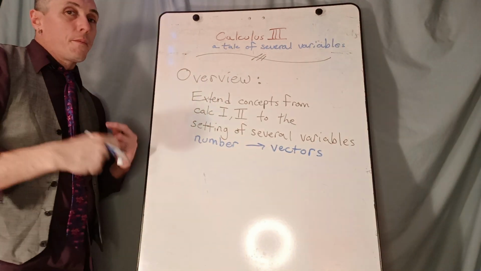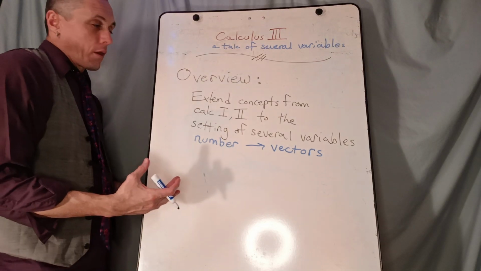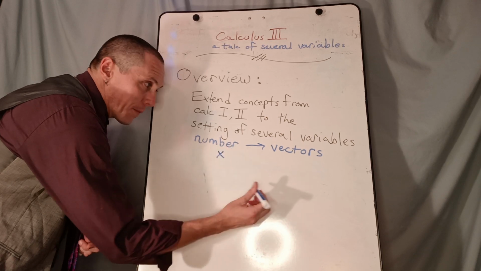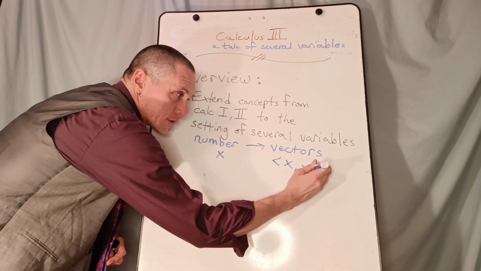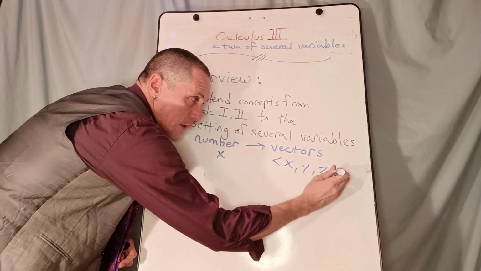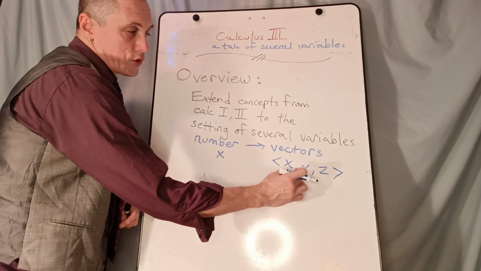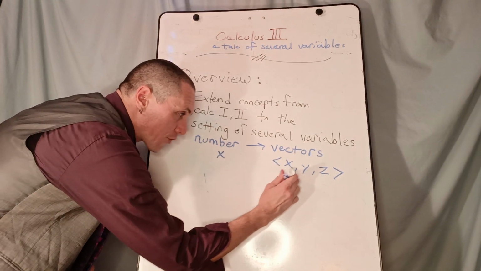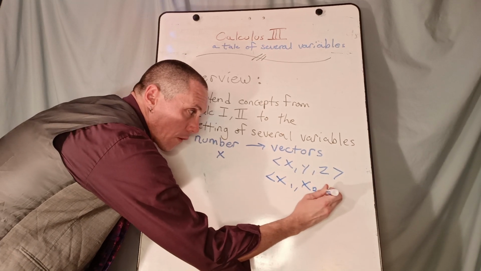Now, there's a little bit more to vectors than that, but the main idea is that a vector, instead of being a single number, will be an ordered sequence of numbers. We're going to be interested in particular in 2 and 3, but one could imagine actually having any finite number of these.